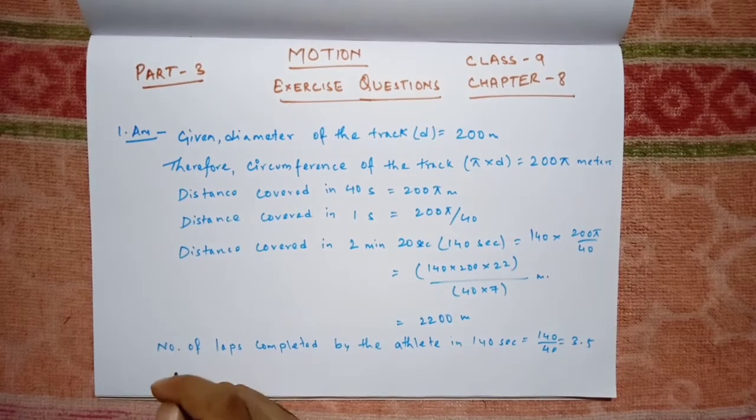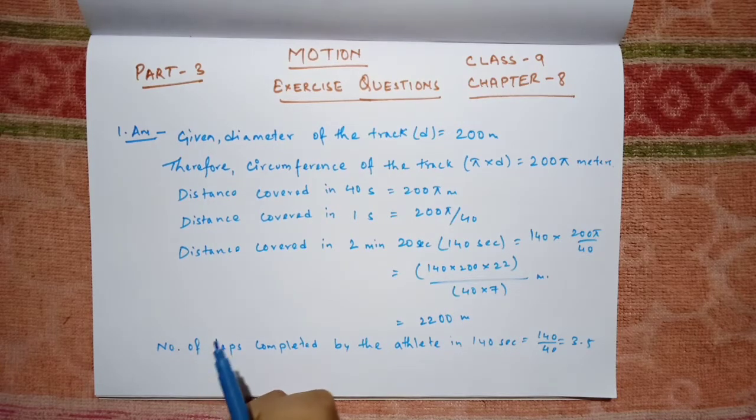So therefore the final position of the athlete is at the opposite end of the circular track. Therefore the net displacement will be equal to the diameter of the track, which is 200 meter. Therefore the net distance covered by the athlete is 2200 meter and the total displacement of the athlete is 200 meter.